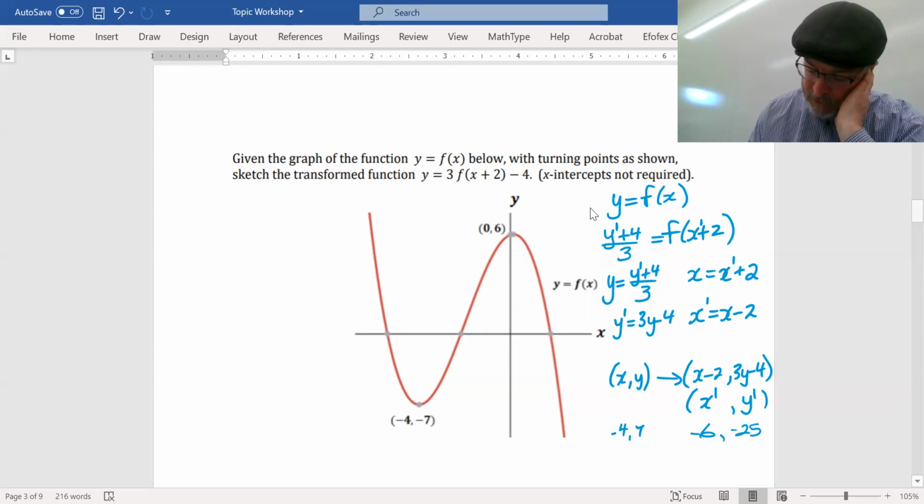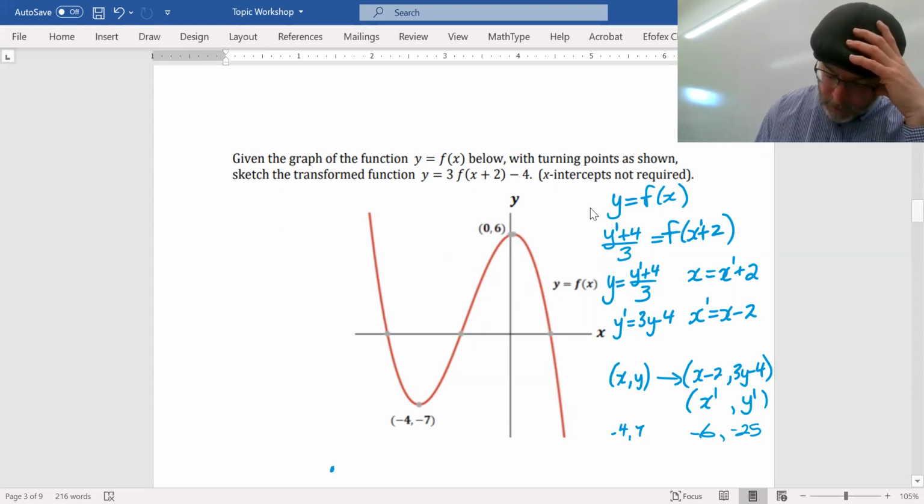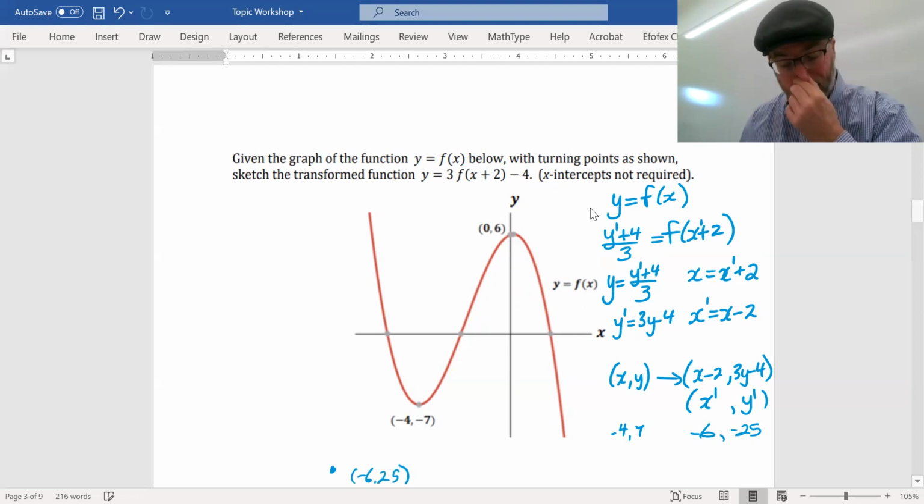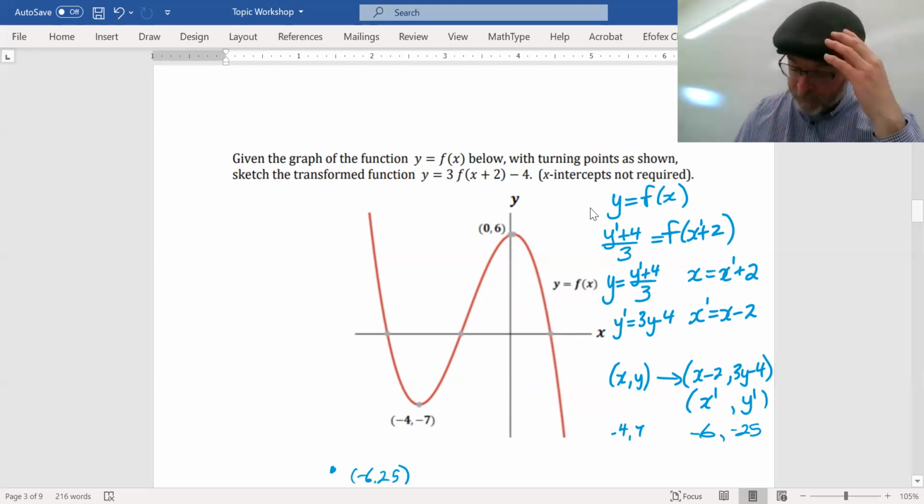So I just stuck minus 4 in for x and minus 7 in for y, and I get (negative 6, negative 25), which is somewhere out here, down at negative 25. So I'm probably not going to be able to do the best sketch of it, but let's just give a vague idea here with the room that I've been given.